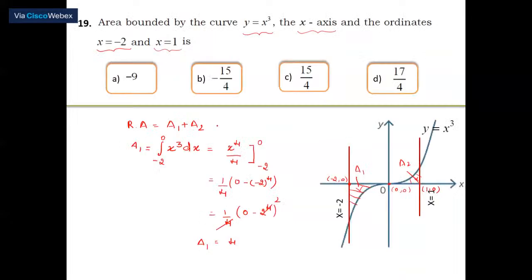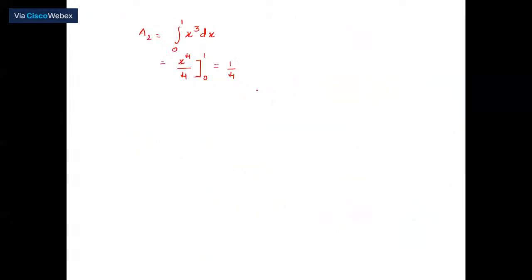So integration is between 0 and 1. Again, integration of x cube is x power 4 by 4 between the limits 0 and 1, which is equal to 1 by 4. Now let us substitute these two in our required area. Our A1 is 4 and we got A2 as 1 by 4.